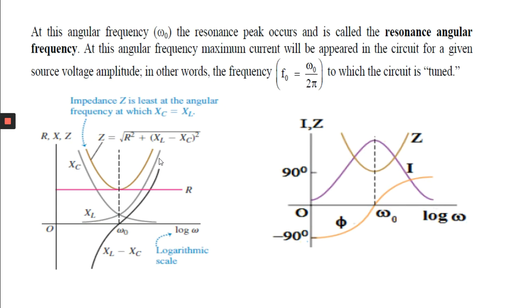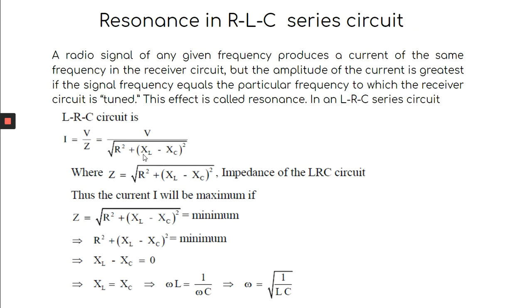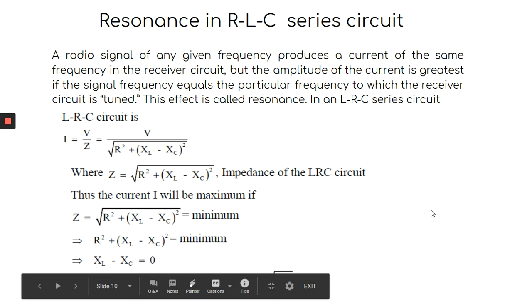R cannot be 0, L cannot be 0, but you can make XL minus XC equal to 0. So we have to choose omega, the frequency, in such a manner that XL should be equal to XC. Then I will be maximum. So that is, XL minus XC is 0.